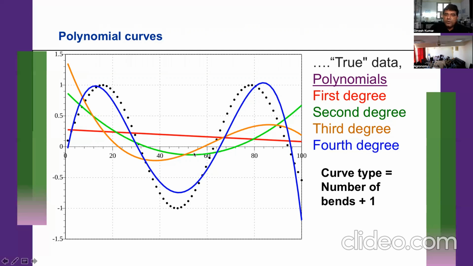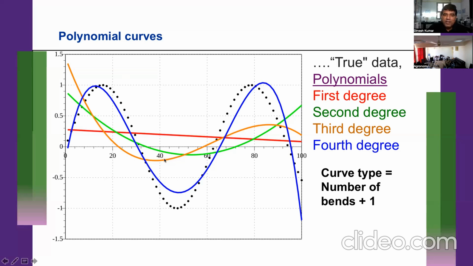Here you see only one band, one curve. In linear, there is no band. Band means a kind of curve, bending. In the case of blue, you see fourth degree. There are 1, 2, 3 bands. If the degree is 4, then these are represented by x, x power 2, x power 3, x power 4.